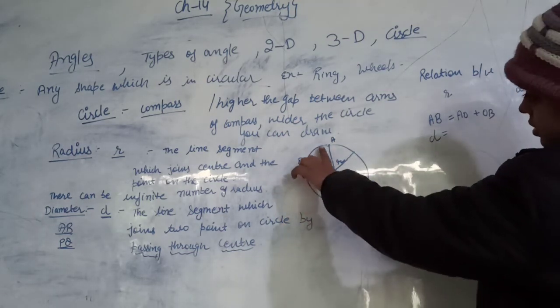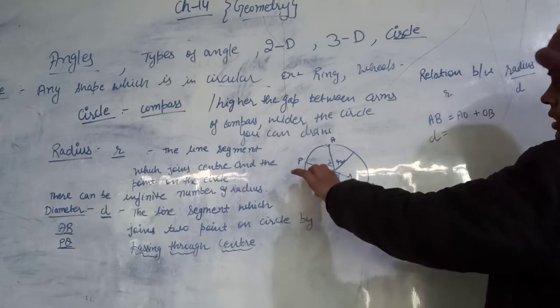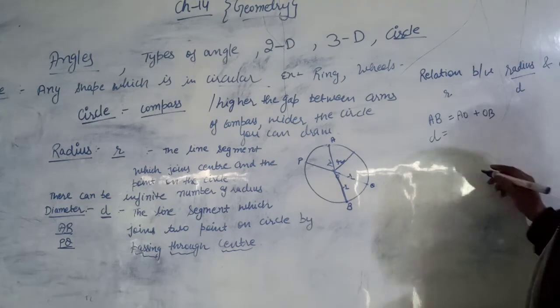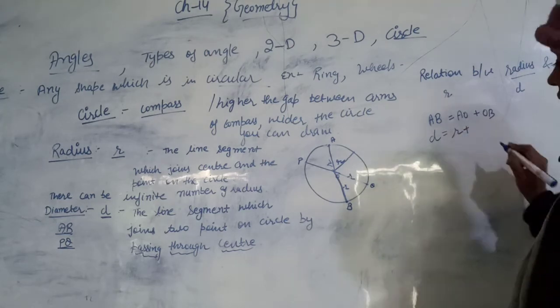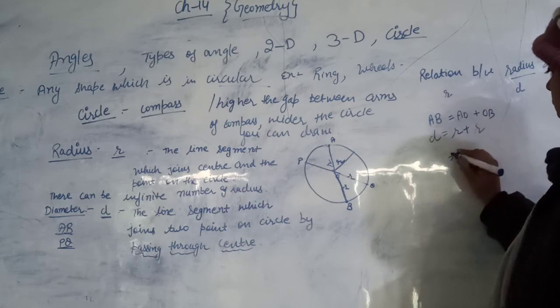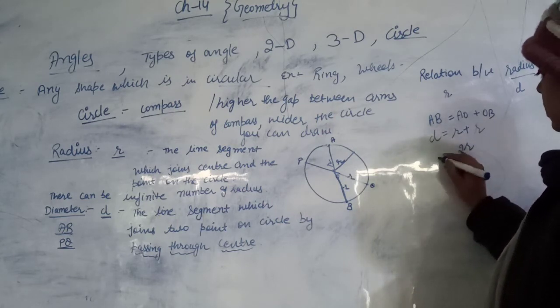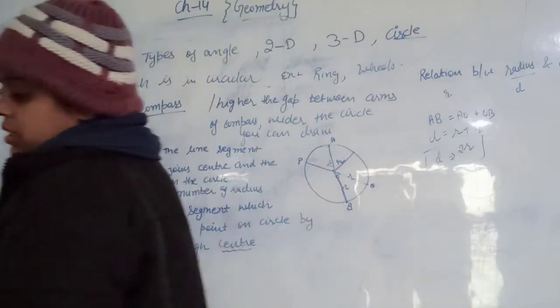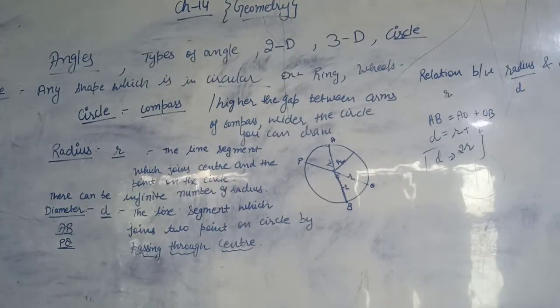OA, AO, that is radius because point joining with center, plus again OB is the radius. So radius plus radius, 2 radius. It means what is diameter? Diameter is twice of the radius. Clear this part?